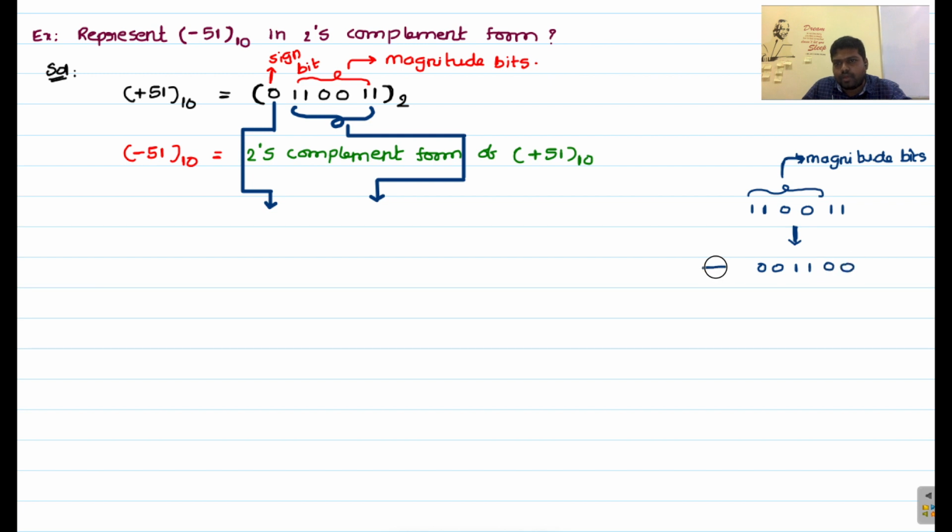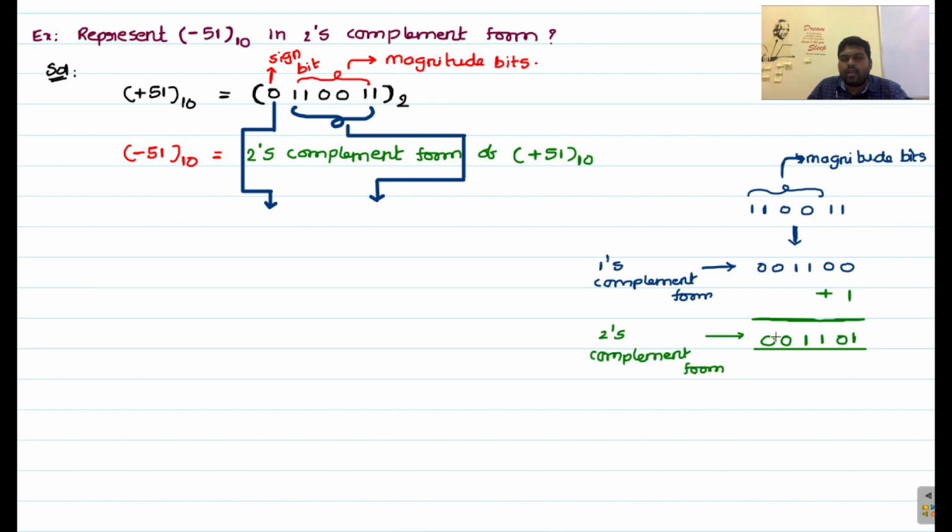This is your one's complement form number. For this you add plus 1. What you will get? 001101. This is your two's complement form number.